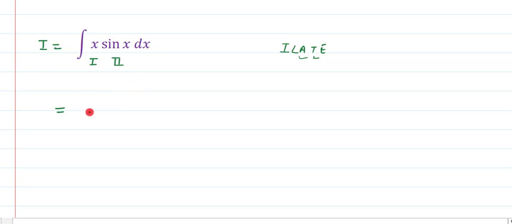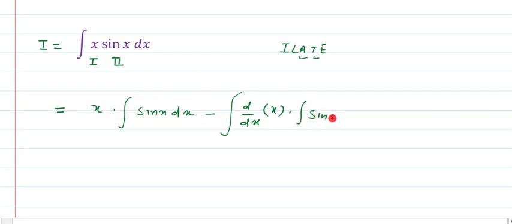So this is the first function, x, into integration of the second, integration of sin x, minus integration of the differentiation of first, d by dx of x, into the integration of the second, which is sin x, and the whole integration is again with respect to x.